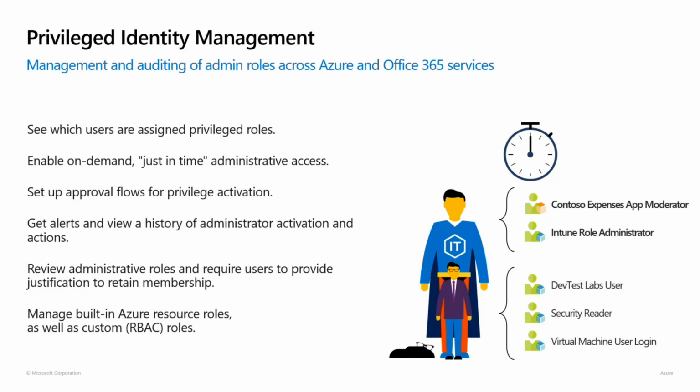PIM allows you to do just-in-time access for Azure AD roles, for Azure RBAC roles, which are resource-level roles, as well as Azure groups with privileged roles, which is another feature that is in preview right now. But you can also require approvals or justification or MFA to activate a specific role.